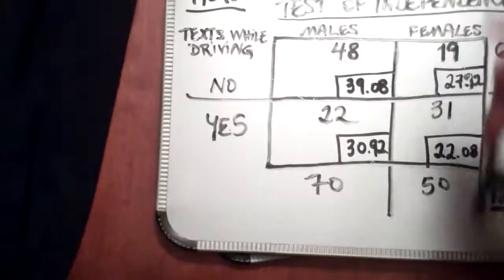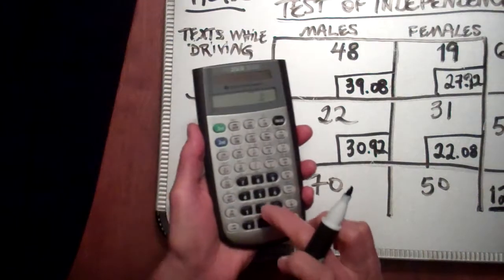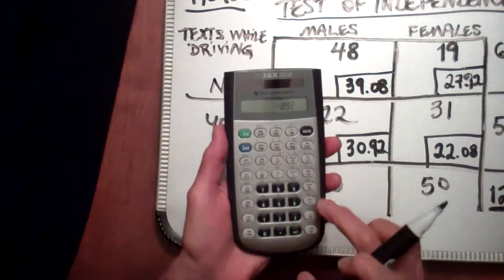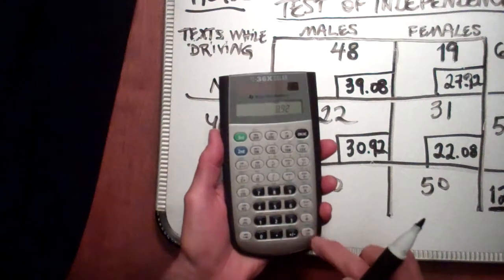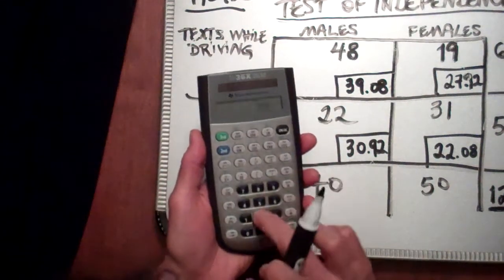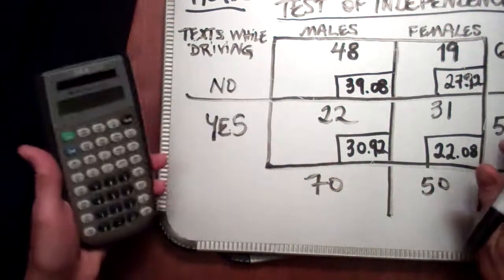All right, let's do the next one down here. We have 22 minus 30.92, which gives us 8.92. Do you see a pattern developing here? Divided by 30.92, we get 2.57.